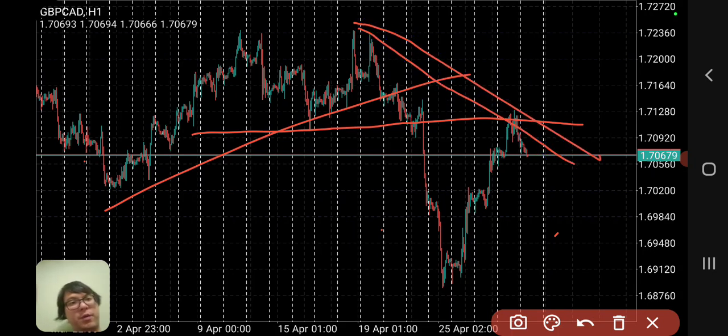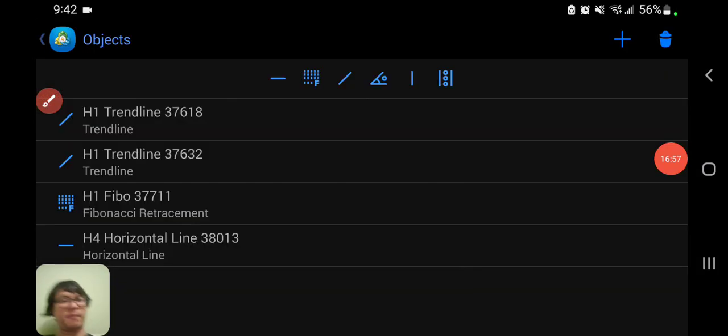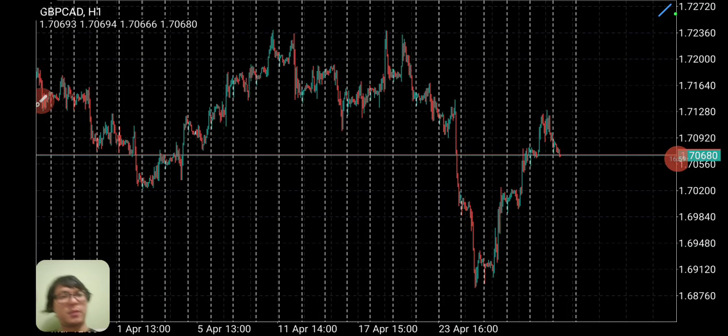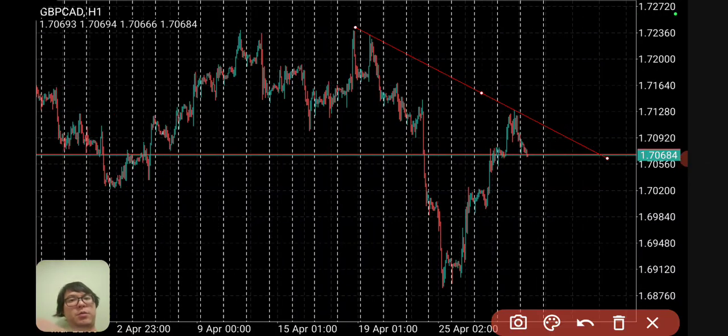Could be a very good trend line, but let me try a different tool to draw it. If we go in this way, yeah, actually we have the trend line holding. So this could be a very good short trade.